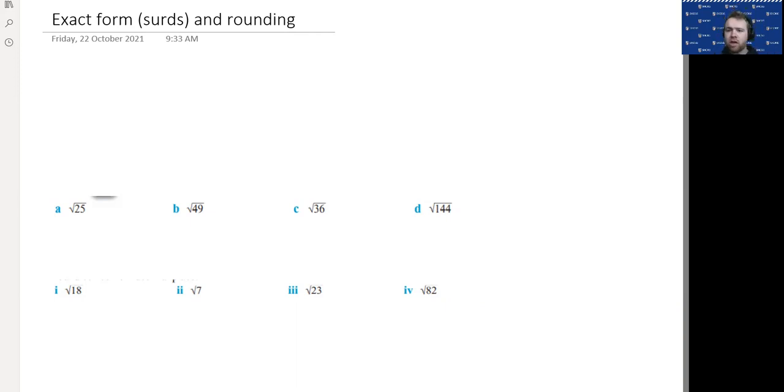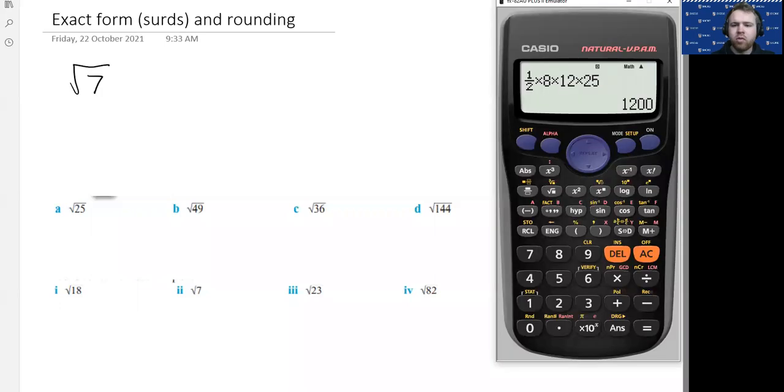Today, we're continuing looking at Pythagoras' theorem, and we're going to be looking at exact form and rounding. Now, I want you to consider the number square root of 7. When we put a number like the square root of 4, we get an exact number, 2.